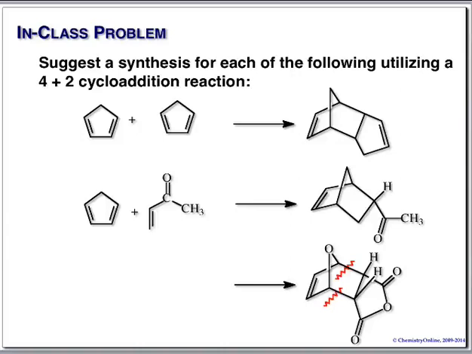So our dienophile had a double bond, carbonyl, oxygen, carbonyl. Our diene had 2 double bonds through here and an oxygen bridging it. Just like this, except with an oxygen in it.